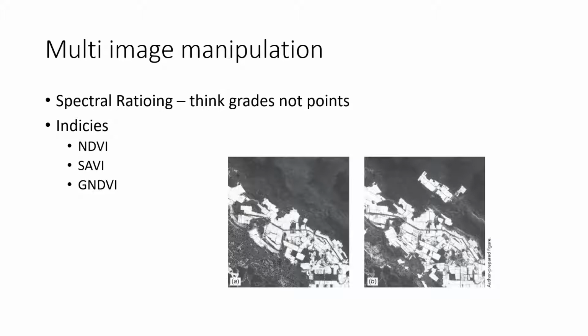You're comparing one value in an image to another value in an image, and so you get some ratio, some percent. So you're comparing the grades, the percent on one photo to the percent on the other photo, as opposed to the actual measured numbers on each one. We use this as a means of creating various indices like the NDVI, the SAVI, the GNDVI. For example, the SAVI is the submerged aquatic vegetation index.